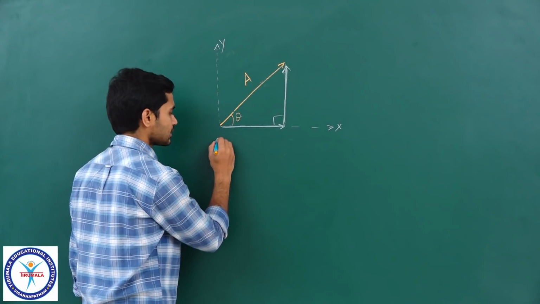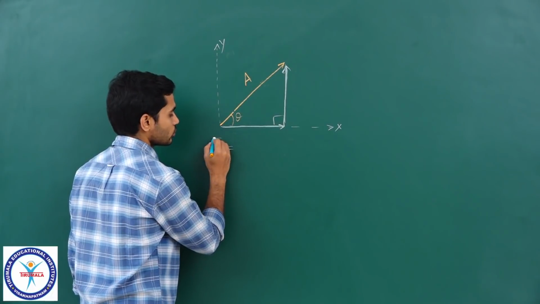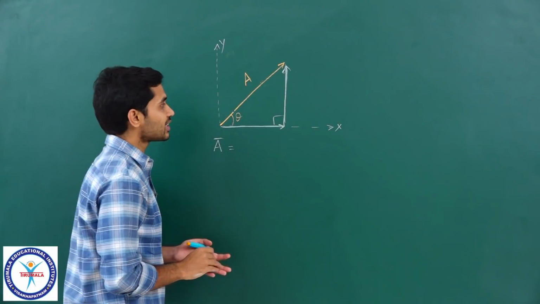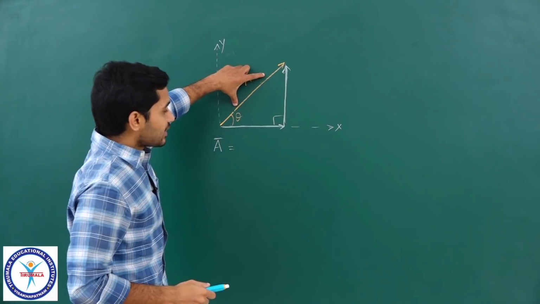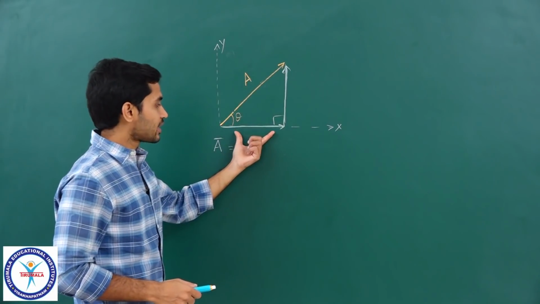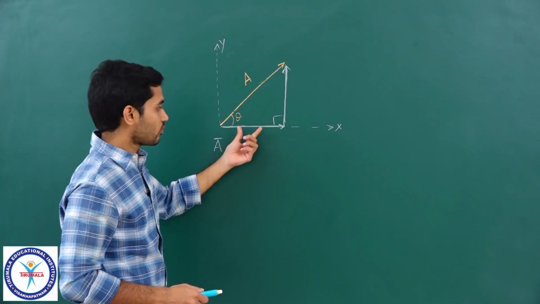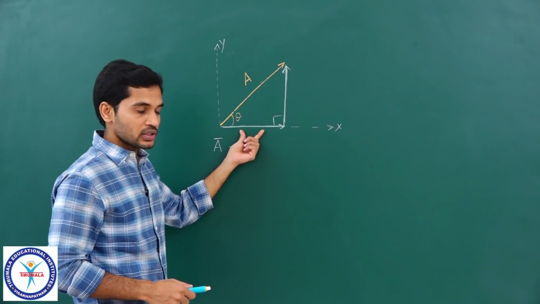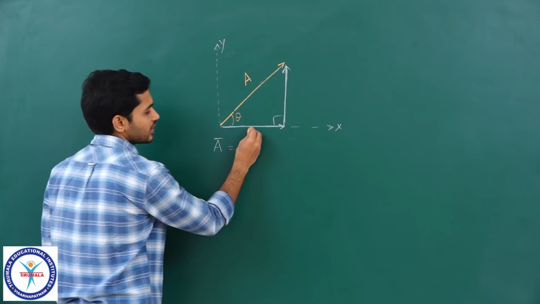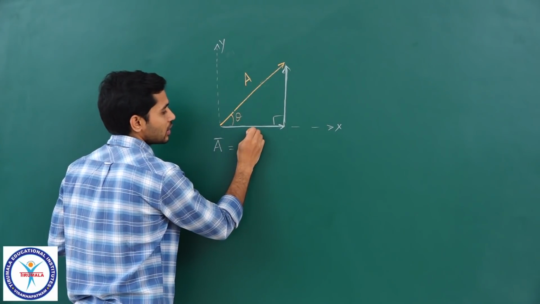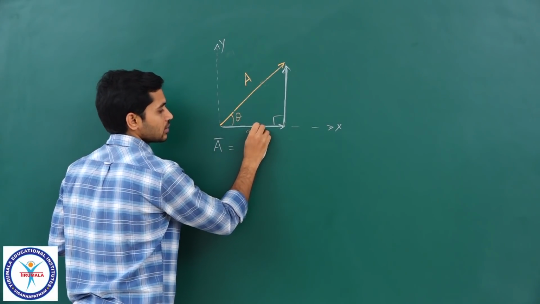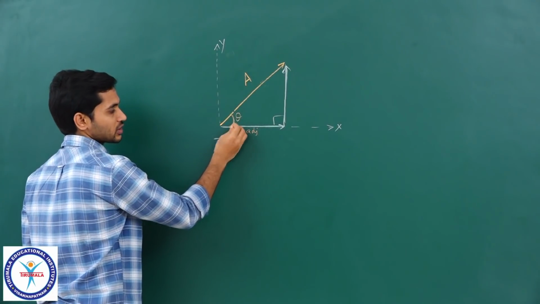Now, let us write this in component form. A bar is equal to, I have just told you earlier that if this length is A, what will this length be? You are moving in the direction of theta, so obviously you will be getting a cos term here. If you want, you can write it. Let us say I call this length adjacent. What is the value of cos theta?